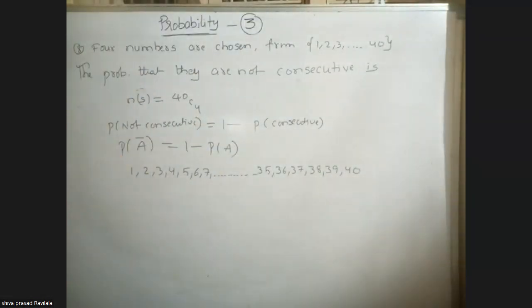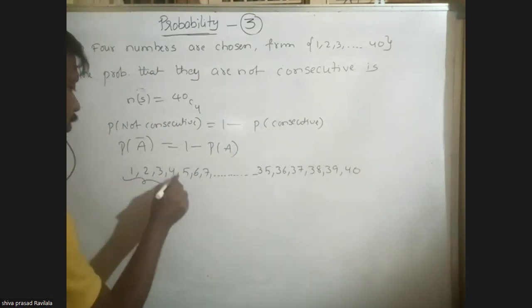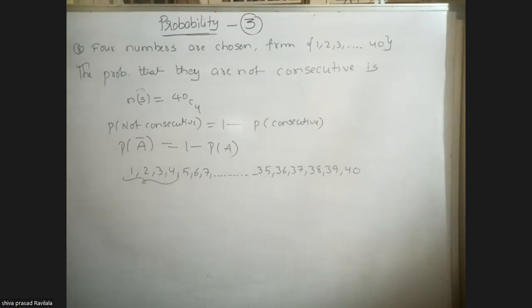How many sets of 4 consecutive numbers are there? I will give one hint: for example, 1, 2, 3, 4.